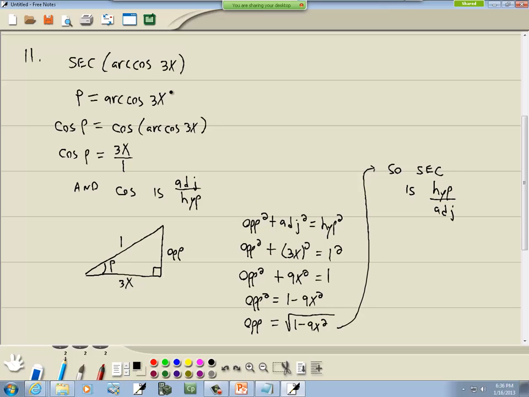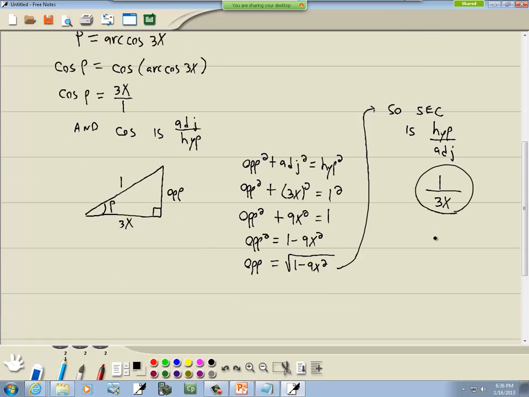I'm going to talk about a shorter way to even work this one in a second. Okay, so let me see. Hypotenuse, where was that at? I didn't write it down. Hypotenuse is 1 over adjacent, which is, let's see, 3x. So that'd be your answer.